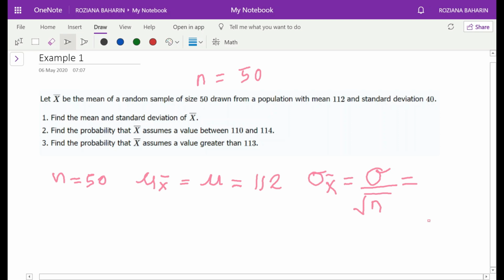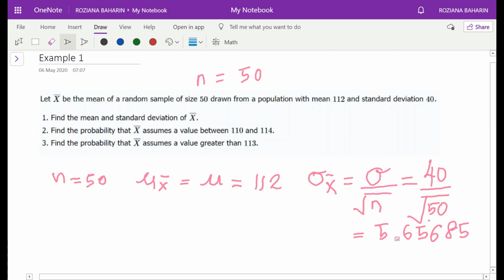So how much is your standard deviation given here? 40, divided by the square root of N, which is 50. So how much do you get here? I hope you are also calculating this as I go along with this example. 5.685.